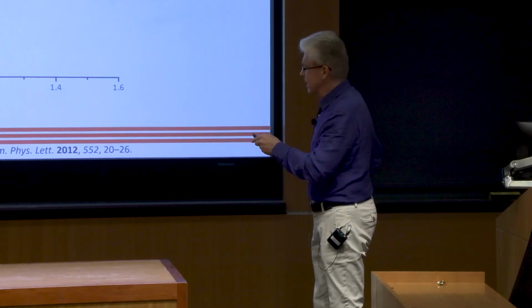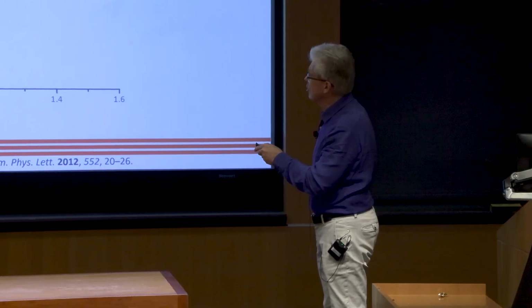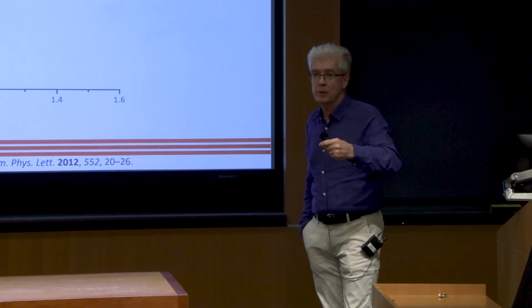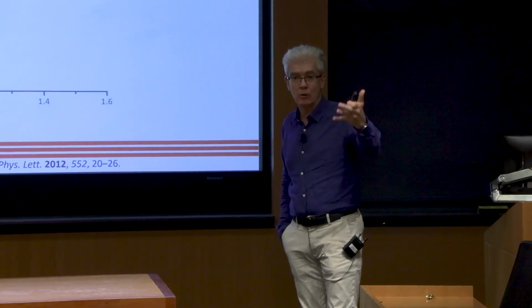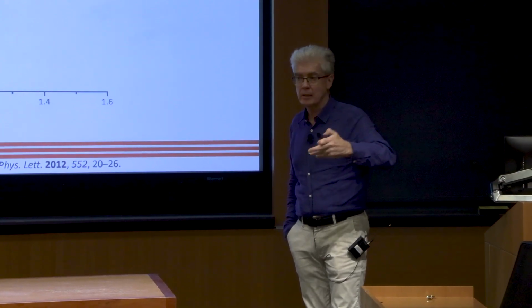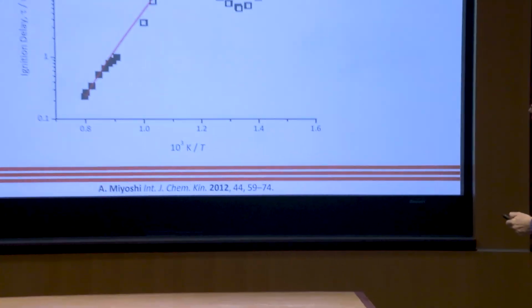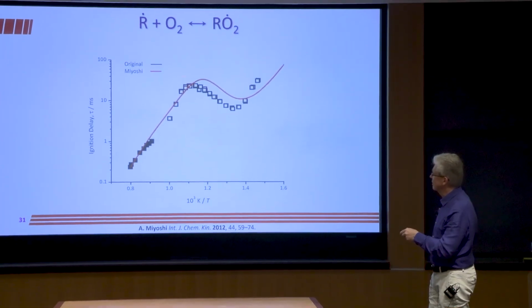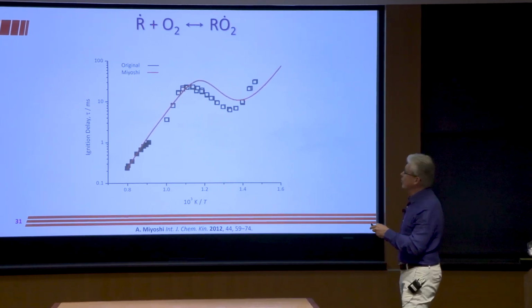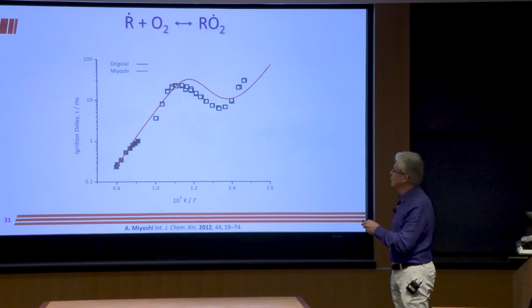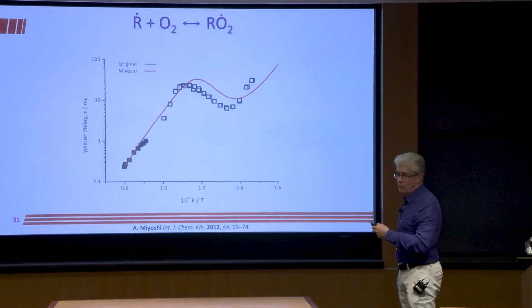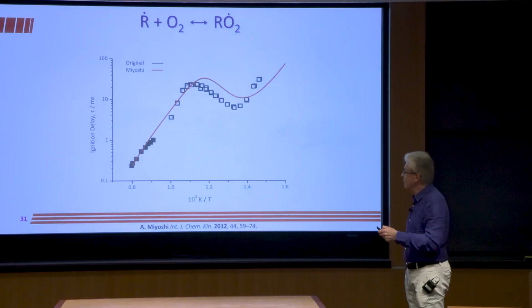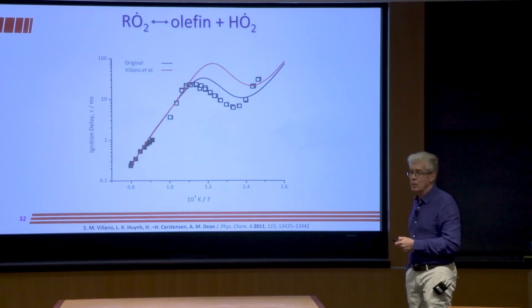But essentially, this difference is coming from the competition between alkyl radical beta scission and alkyl radical addition to O2 to give you RO2, and it's telling you how much that affects it. Now, if we look at alkyl radical plus O2 giving RO2, that had no effect. Whatever rate constant we were using from before was similar to the Miyoshi rate.